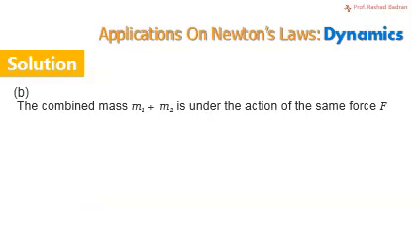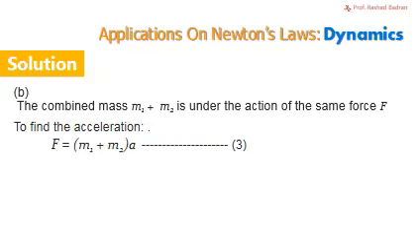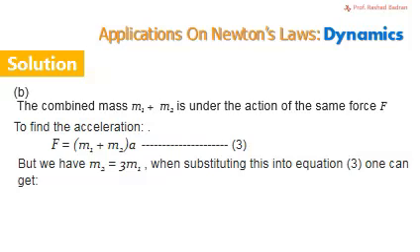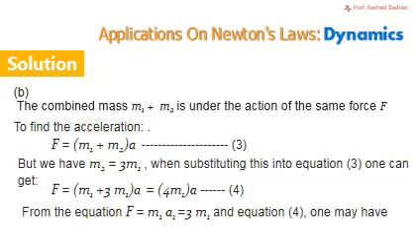Now, to find the second part of the problem, part B, the combined masses under the action of the same force will have this equation. Now, we have m2 equal 3m1 from our results in A. When we substitute that into equation 3, we can get that the force equals 4m1 times a.